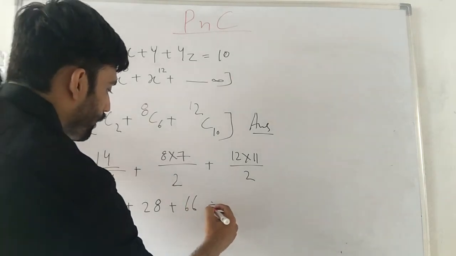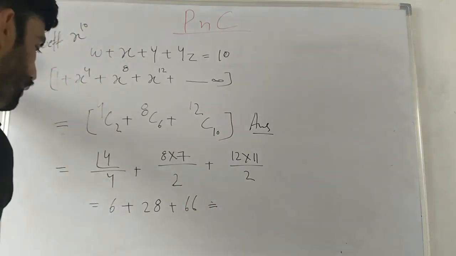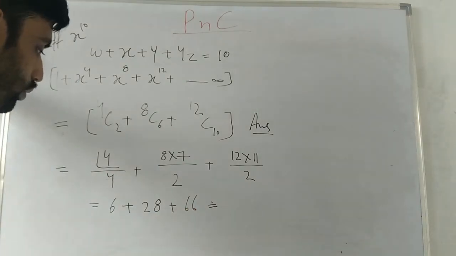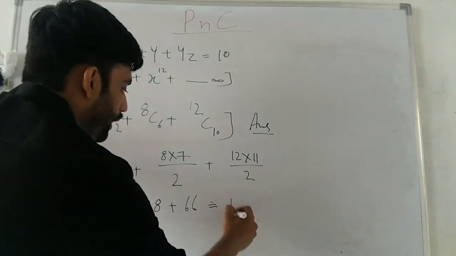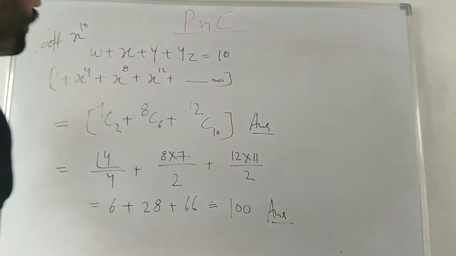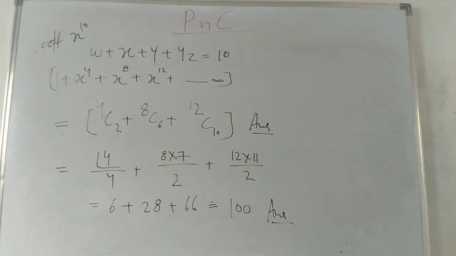After adding, we will get 72, 80 and 100. We will get 100 as the answer. I hope there is no mistake, but you can solve it by yourself, and if there is any mistake you can comment down.